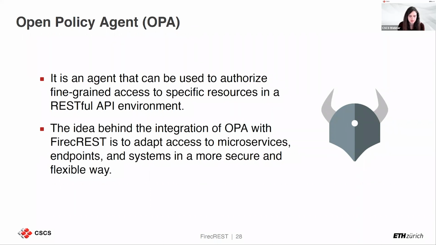The TDS is the test and development environment. When we have FirecREST on production, there are no restrictions on who can use it. But for the TDS environments, we want only the developers or the system administrators to be able to use it and test the functionalities.